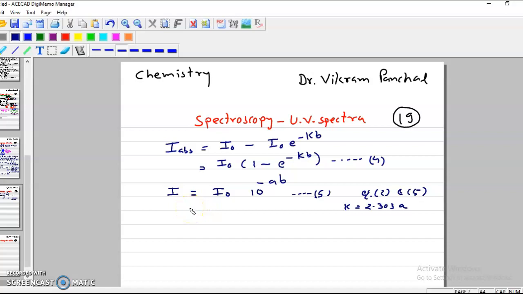This equation 5 is known as Lambert's law, where a is a constant, known as absorptivity, and b will be thickness. So this is Lambert's law.